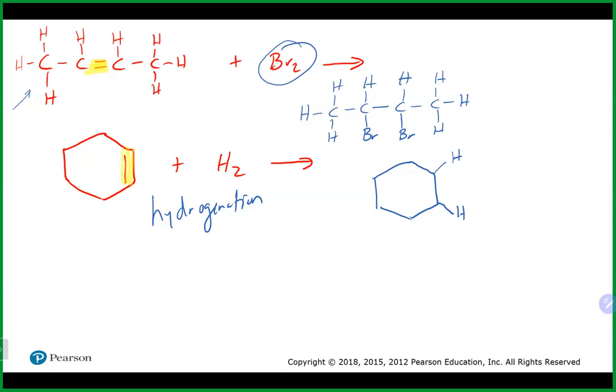Now, this is a symmetrical addition, and we could have an unsymmetrical addition, which means we're basically adding 2 different things. So instead of 2 hydrogens or 2 bromines or 2 chlorines, we could have what is sometimes referred to as an unsymmetrical addition. And that basically just means in a lot of cases, we will add something like water.